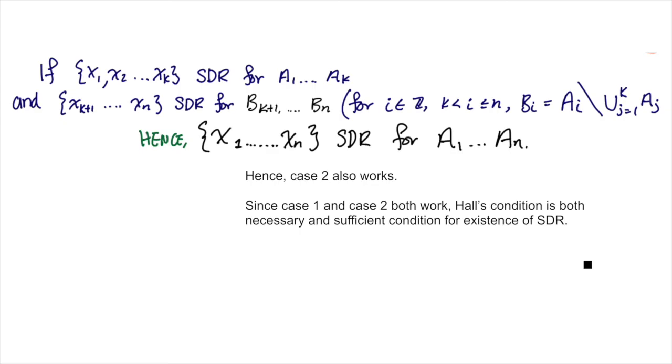And by the way we constructed the set system of B_{k+1} to B_n, we can ensure that all the representatives are distinct when combining with the previous sets of A1 to Ak.